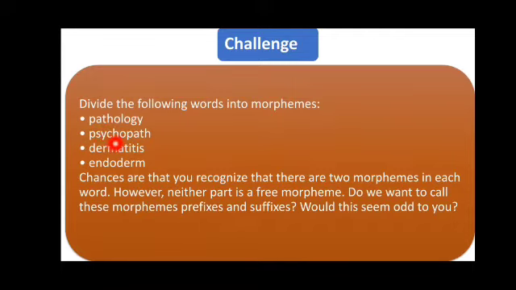Psycho is one part of the word and path is another. Neither path can stand alone nor psycho can stand alone. But still we can't call them prefixes and suffixes, right?